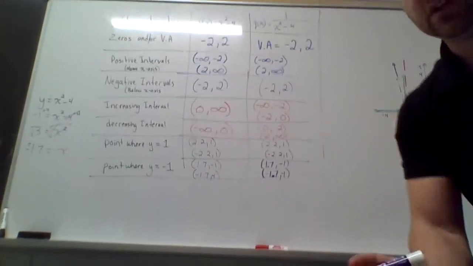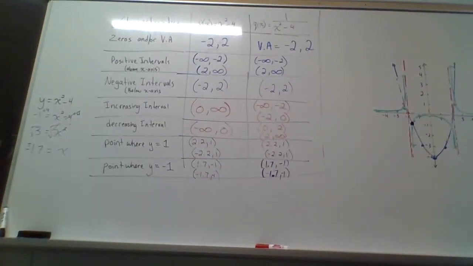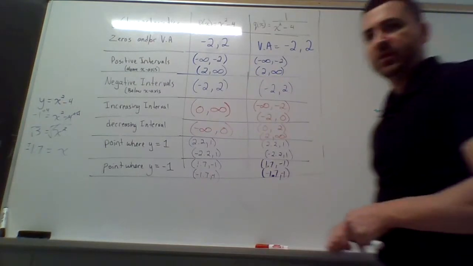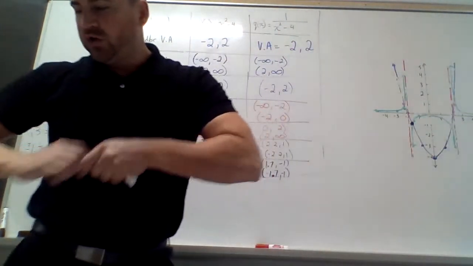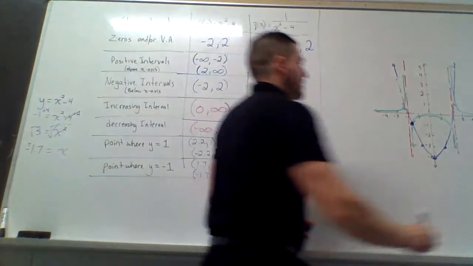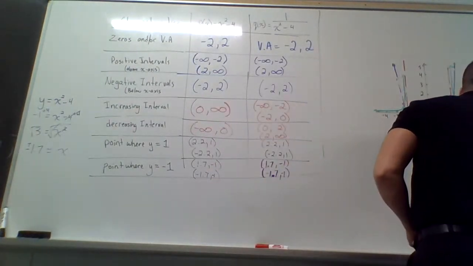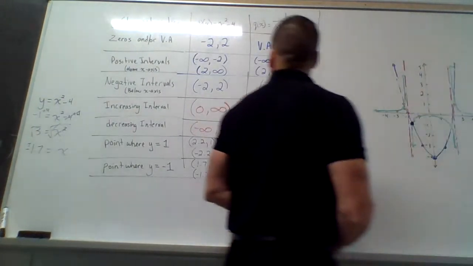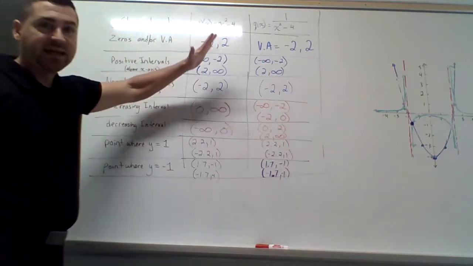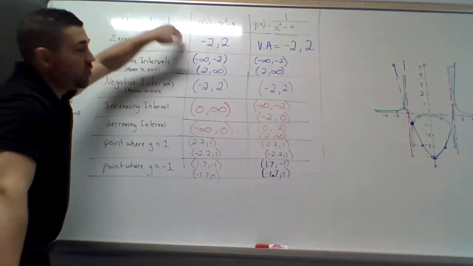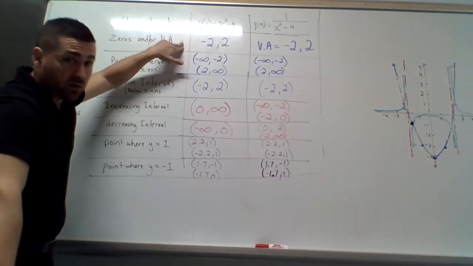Okay, it's kind of a lot to take in to start, but once you do a few of these, you end up being very good at them. What I want you to get out of it is a few things. You're going to finish off the chart, so you need these key points. You need to know where the intercepts and the zeros are.